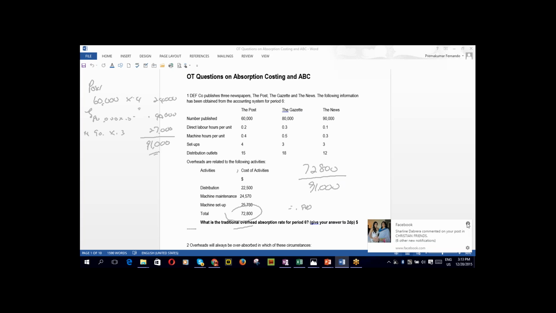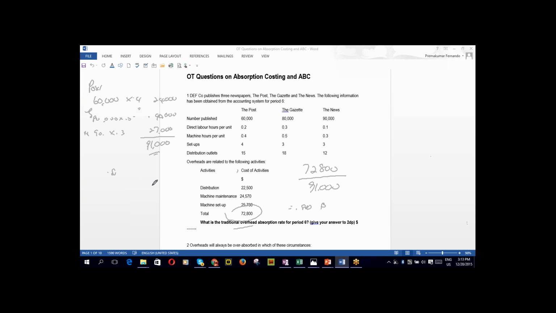But let's assume they had asked about the cost for the post. The machine hour cost is 0.80 dollars per hour. For the post, they are going to use 0.4 machine hours per unit.